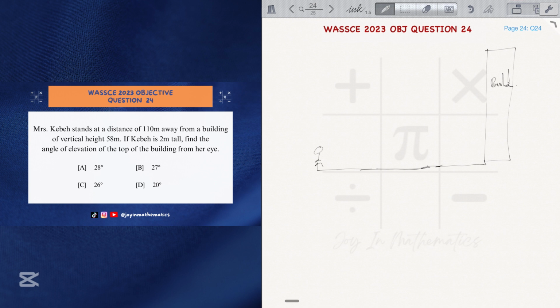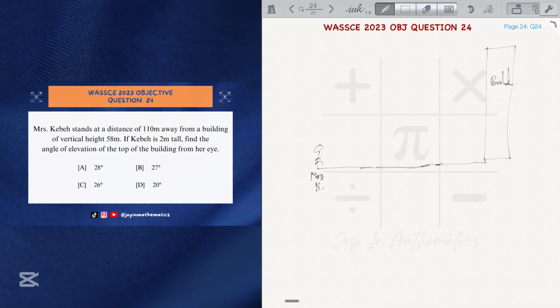This is Mrs. Kibe, and the distance here is 110 meters. The building is of vertical height 58 meters, so the distance from this point to this point is 58 meters.